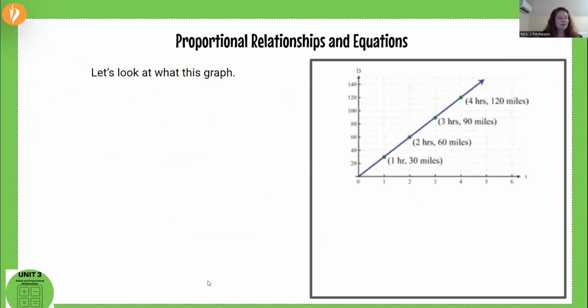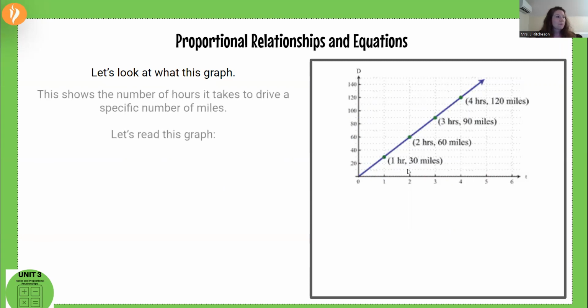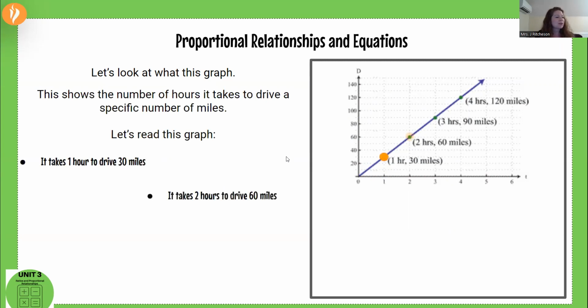Let's look at this graph. All right. Immediately, we know it's a straight line and goes through 0, 0, so it's proportional. So what would our constant of proportionality be? Well, when x is 1, that y value is the constant of proportionality. It's 30. So it takes 1 hour to drive 30 miles.